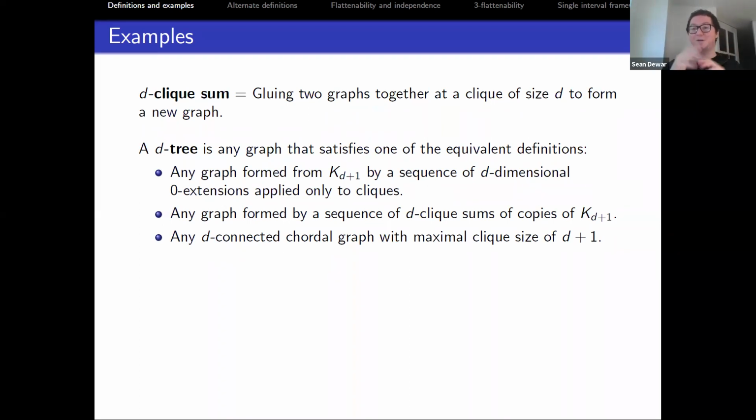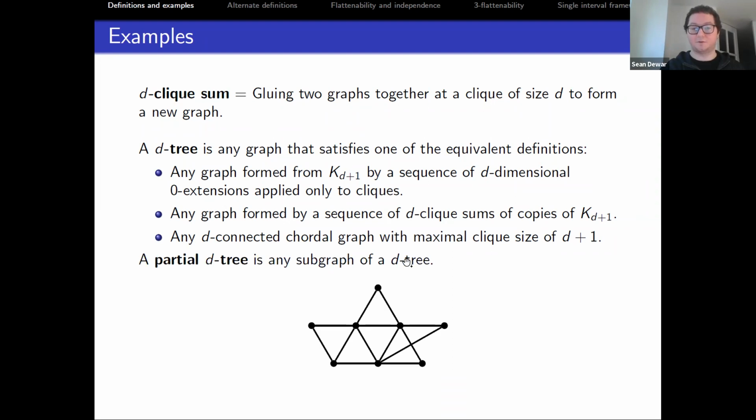Now, if you don't know what zero extensions are, that's fine, because the definition we're really going to be using is the second one. To form this graph, all you do is d-clique sums of copies of K_{D+1}. So you start with a copy of K_{D+1}, you do a d-clique sum, you've got a new graph, you then do another d-clique sum, another d-clique sum, and so on and so forth.